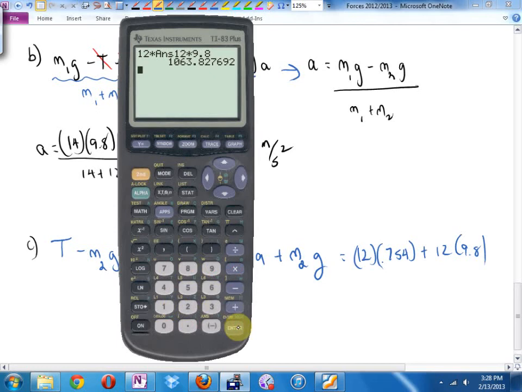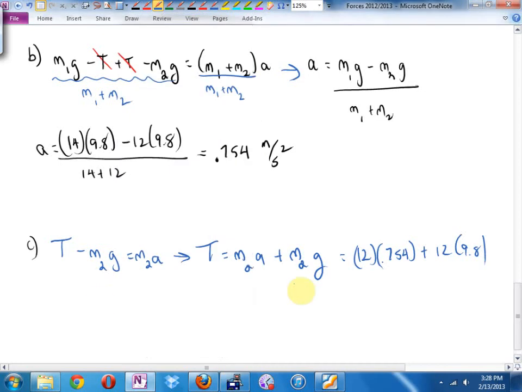This would have a tension of 1,063. You know what, I'd probably call it 1,060 to 3 sig figs, or 1.06 times 10 to the third. Units, what do I measure tension in? What is tension? It's a force. What do I measure force in? It's what I measure tension in.